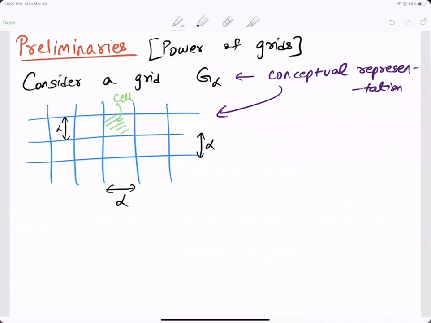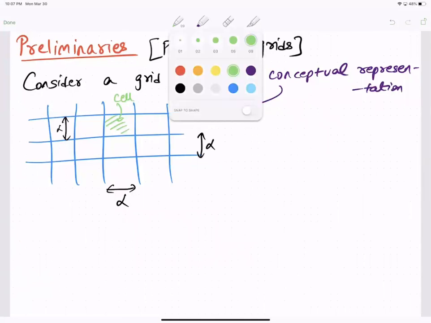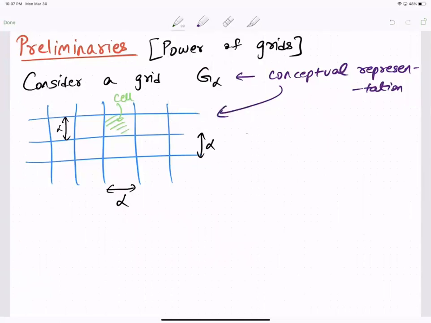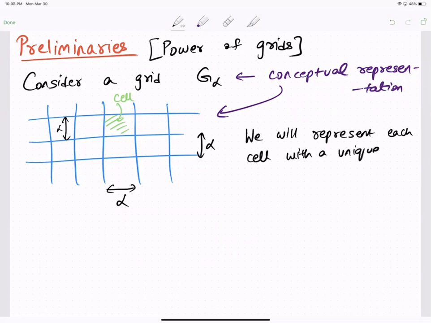Okay, so now what we'll do is we will represent each cell with a unique ID. And how do we do that?